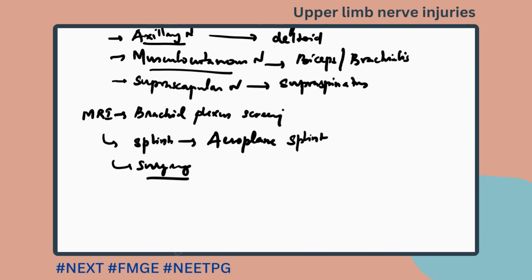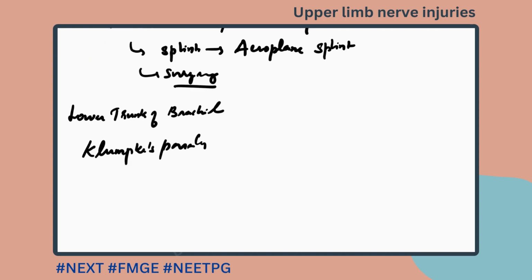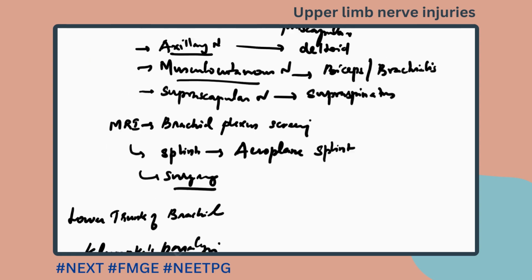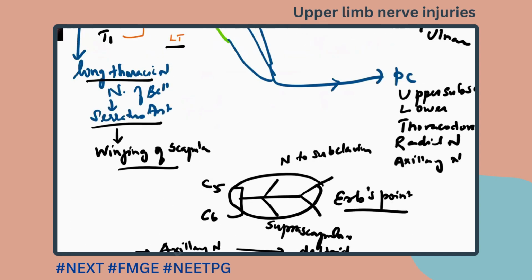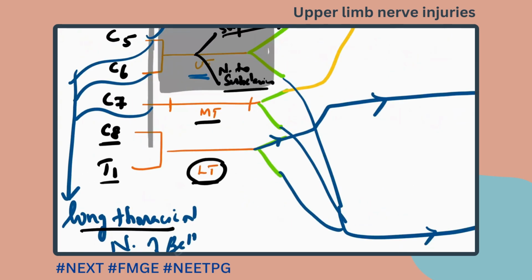Okay. If the lower trunk of the brachial plexus gets affected, then it results in a palsy called Klumpke's paralysis. Now, what is the lower trunk of the brachial plexus? Just go back to the brachial plexus and see how the lower trunk is formed by C8 and T1.